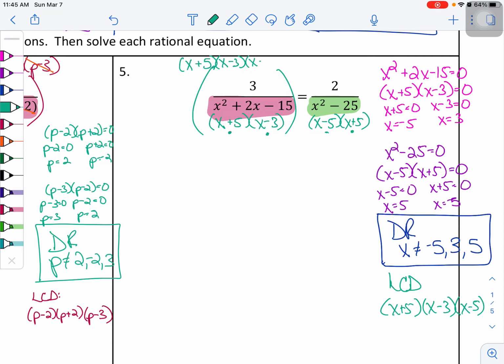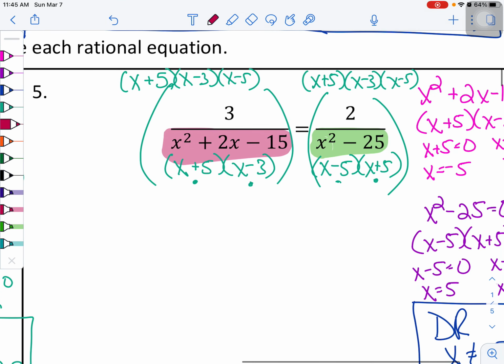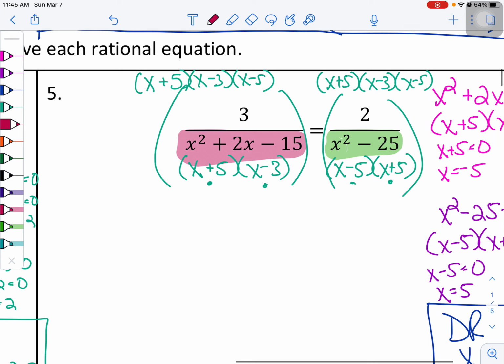So now I'm going to take this entire LCD and multiply it times, in this case, I've got 2 pieces of the equation. So I'm going to multiply it times both pieces. So LCD x plus 5, x minus 3, x minus 5. All right.